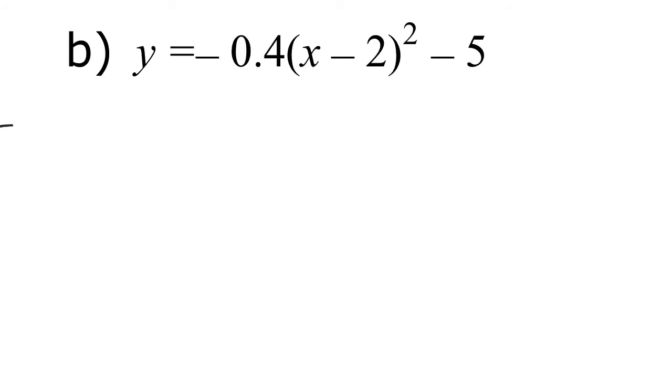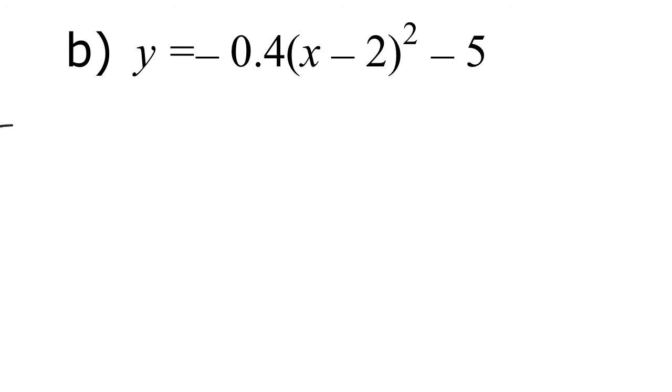Here's our second equation. So again, we want to start right at the very front of the equation, and the first thing that I happen to see is a negative sign. So seeing a negative sign means that your parabola opens down, but in proper math terminology, we need to say that our parabola has been reflected in the x-axis.